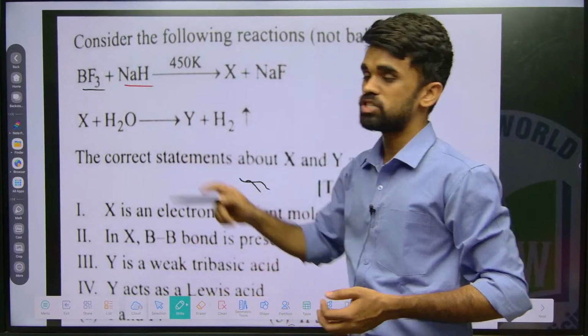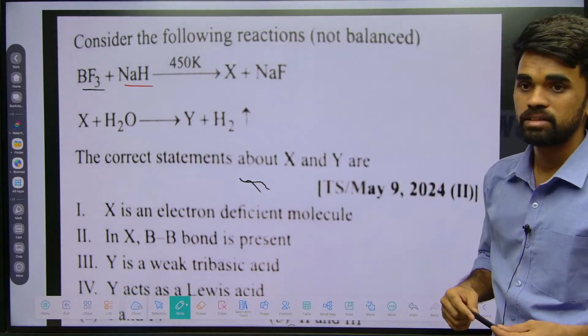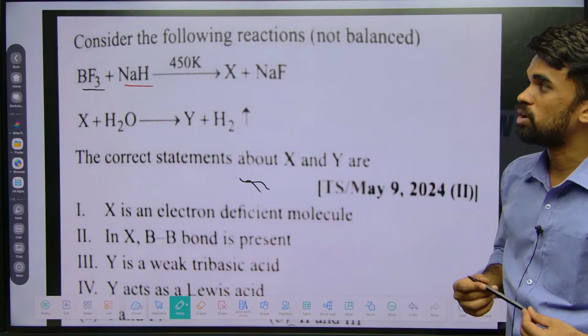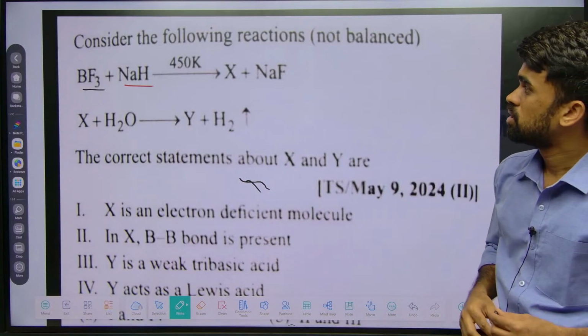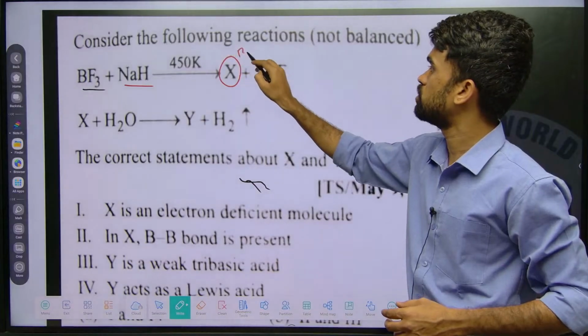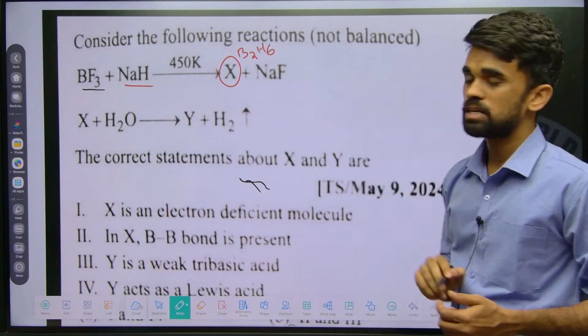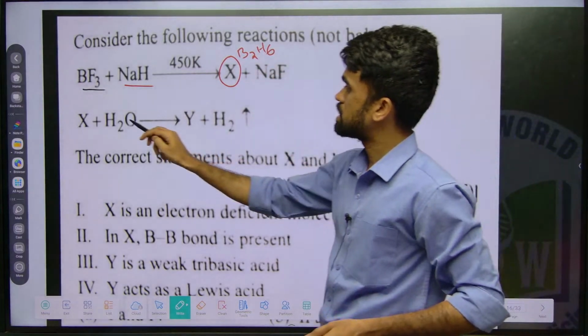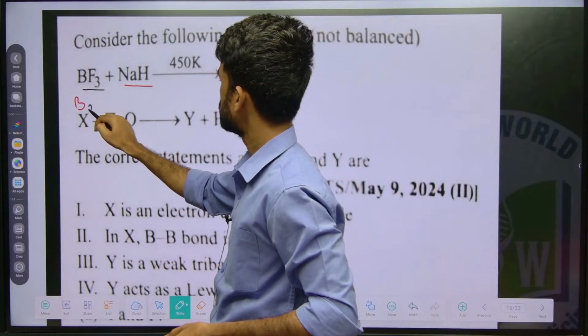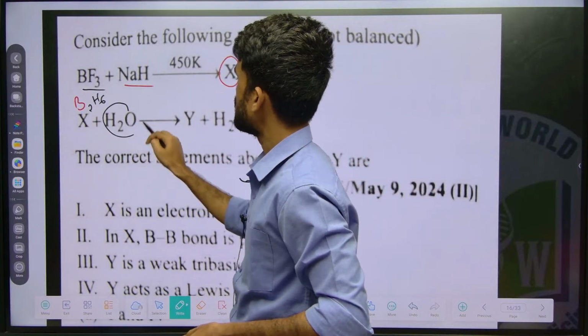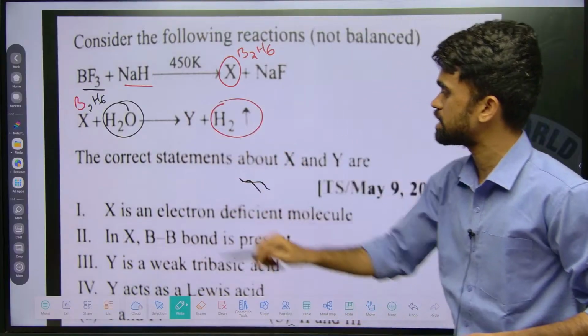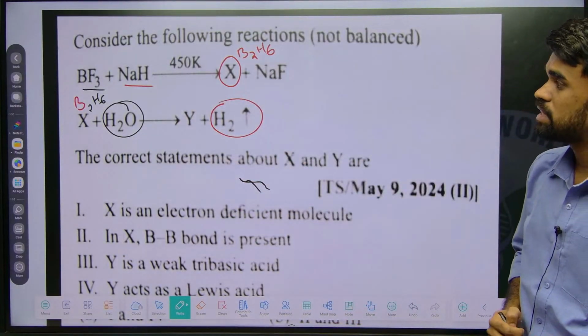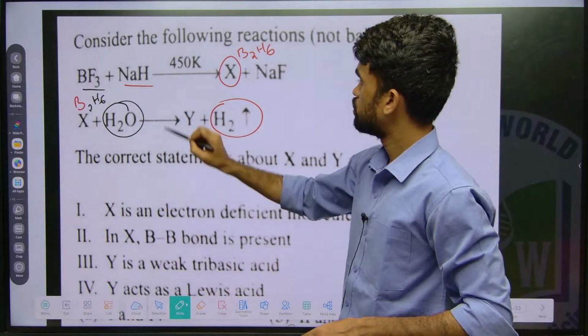BF3 with NaH, sodium hydride. Preparation method you have written. So here it is B2H6. Now that X, B2H6, upon hydrolysis H2 gas is released.